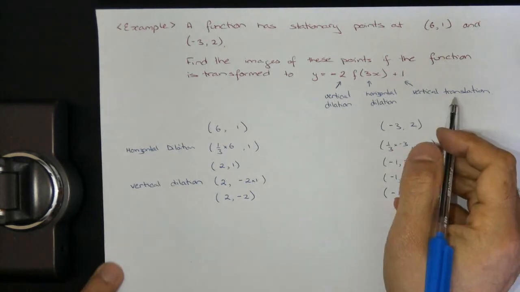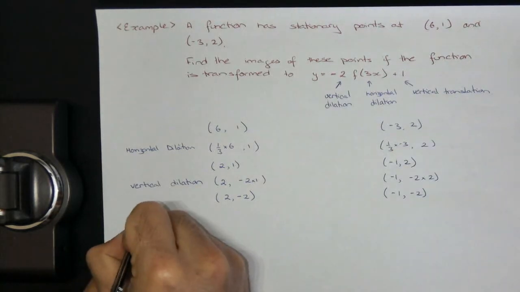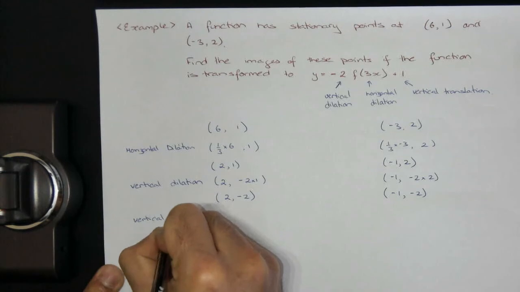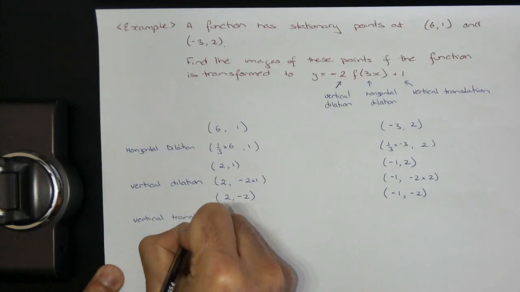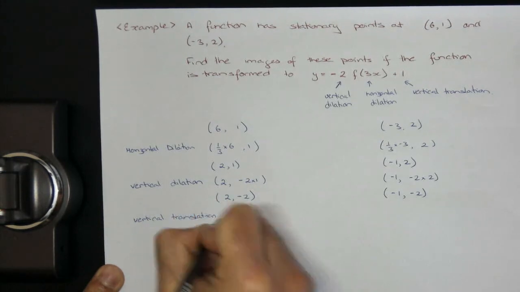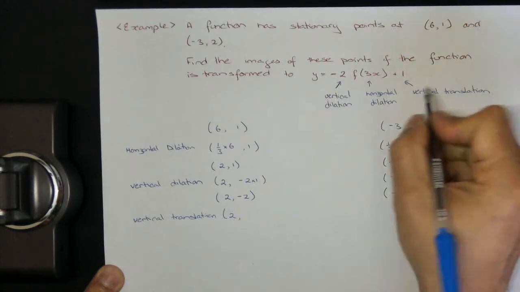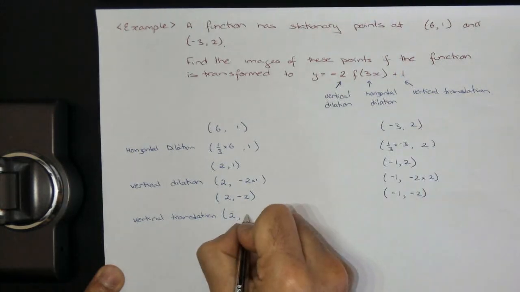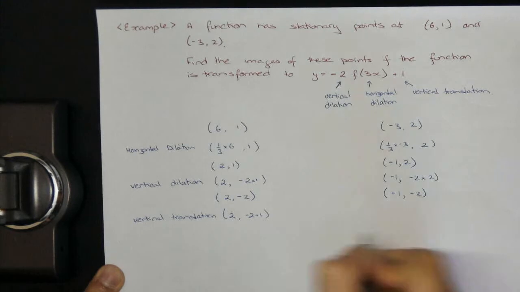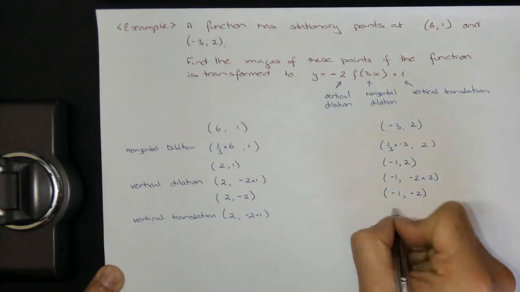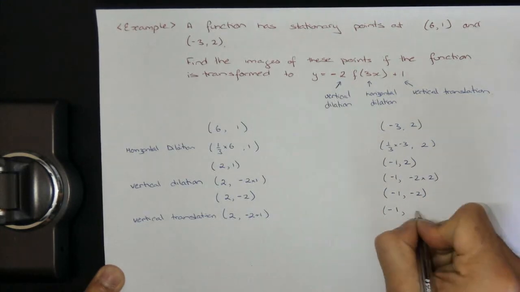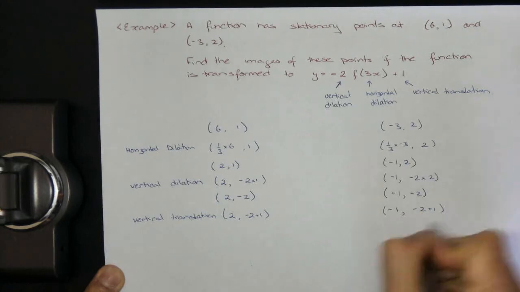And then I'm going to do the vertical translation. So my x coordinate stays the same, but now I'm going to add 1 to my y coordinates.